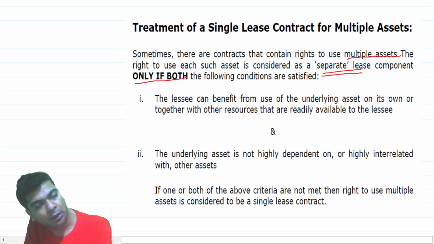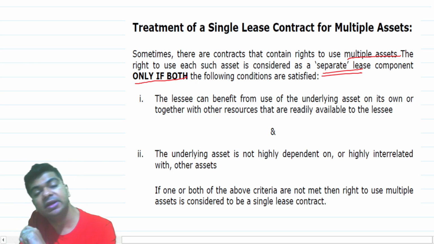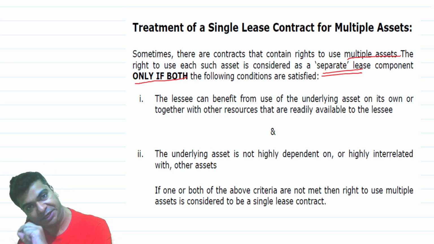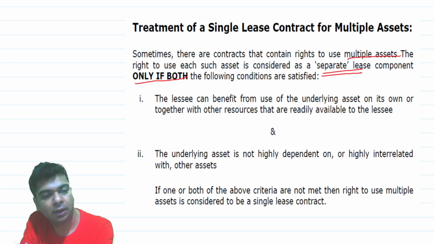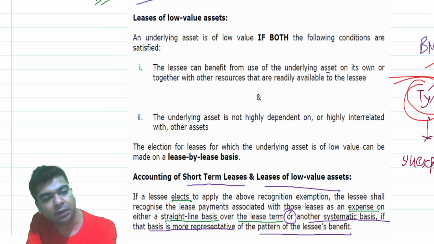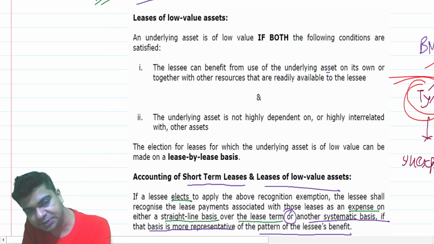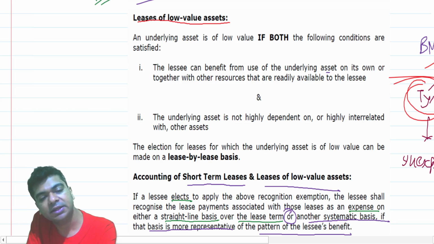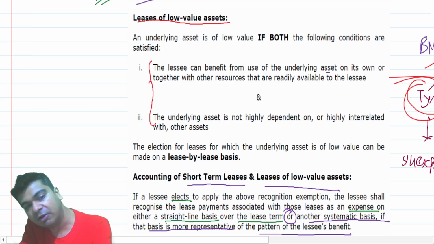Okay, these are not new conditions for us. Earlier, when we were discussing the scope of Ind AS 116, we had discussed the low value asset exemption. Okay, same conditions are there even over there. See, here it is, the leases of the low value assets. And if you will study, it is the same conditions that we are studying right now.